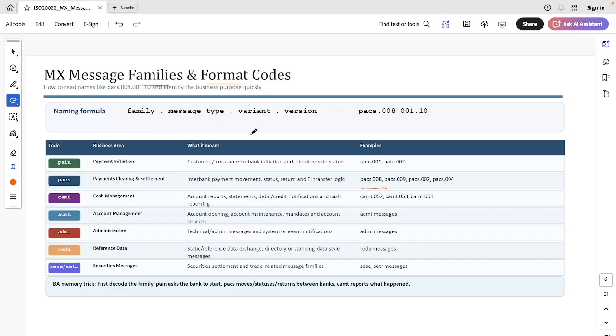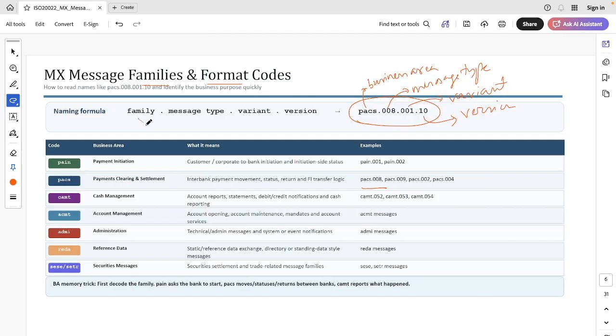So in PACS.008.001, if we take this format as an example, PACS is your business area, 008 is the message type, 001 is your variant, and the last two-digit number is your version.